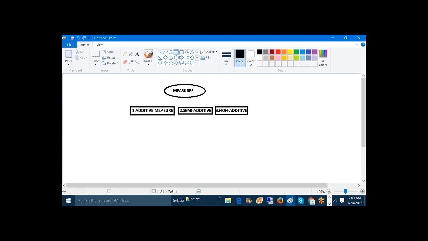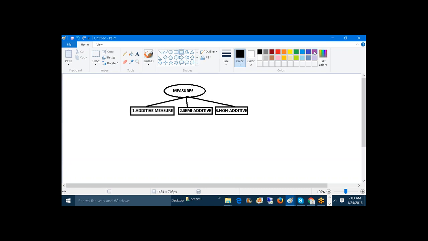If the measure is supporting all the aggregations, meaning sum, min, max, and most importantly, if it is giving us meaningful outputs with all the dimensions available, then such a kind of measure is known as an additive measure.